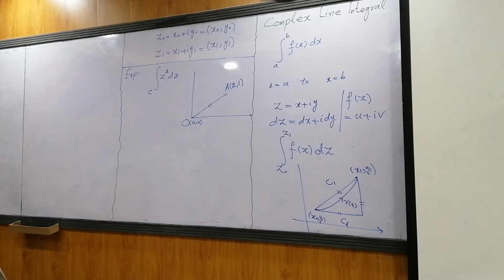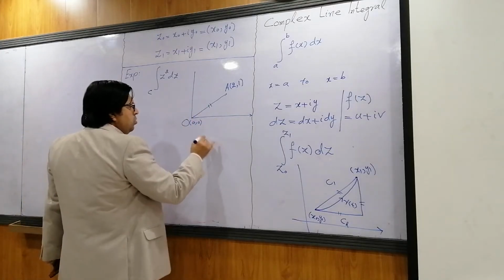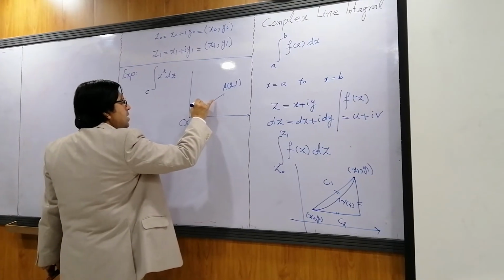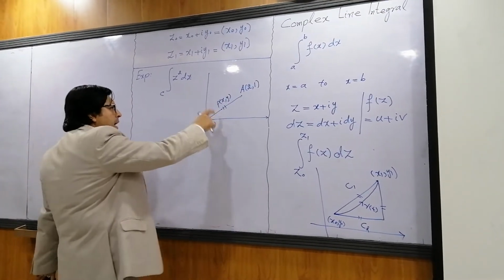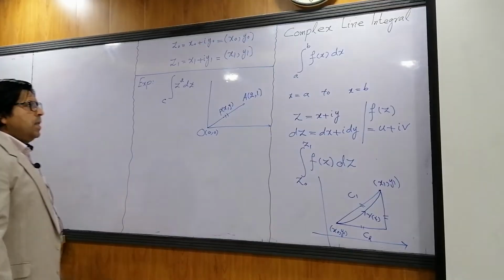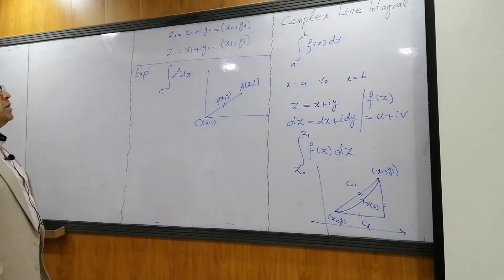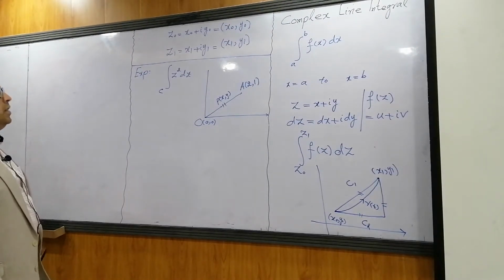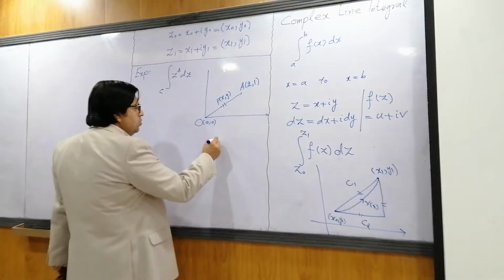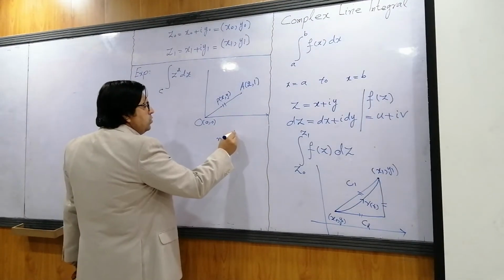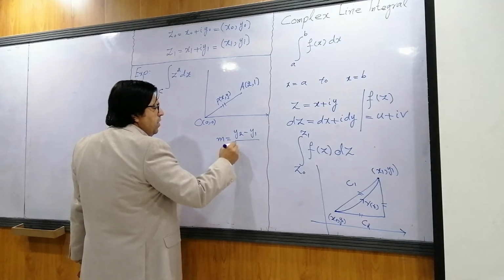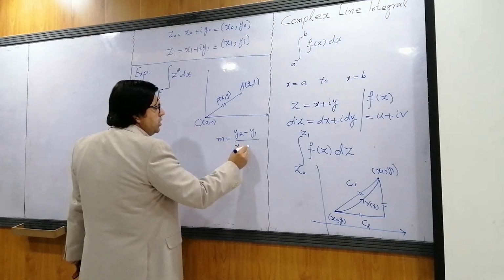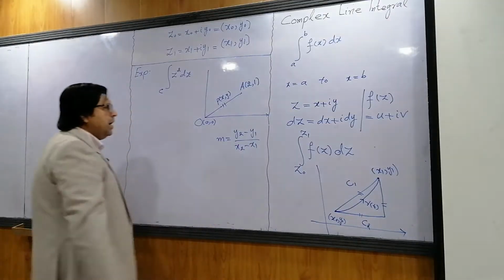For the equation of the straight line, let there be some point P which is x, y. The slope of any 2 points of a straight line is equal to the slope of any 2 other points, and the slope is the ratio of the change in the y coordinates to the change in the x coordinates.